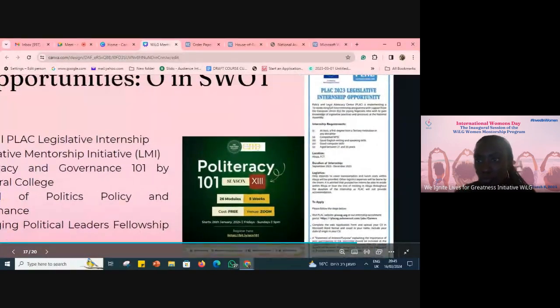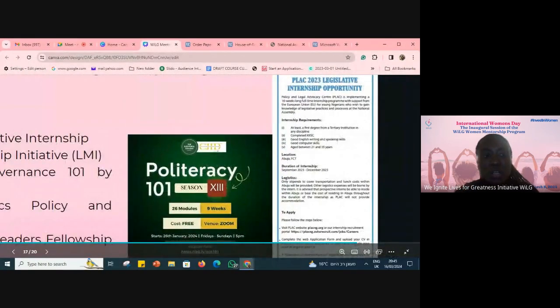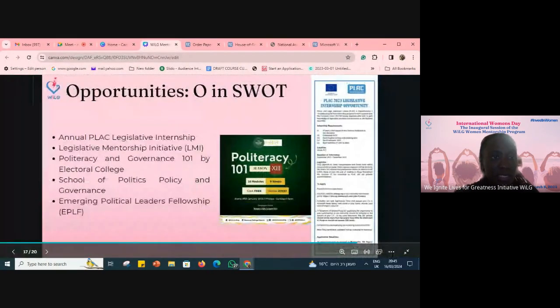And I put the sample. The reason I have stated these opportunities for you is because in writing your SWOT analysis and in planning what you want to do, you can go through some of these opportunities, see which ones you fit in, and notice when they come out.